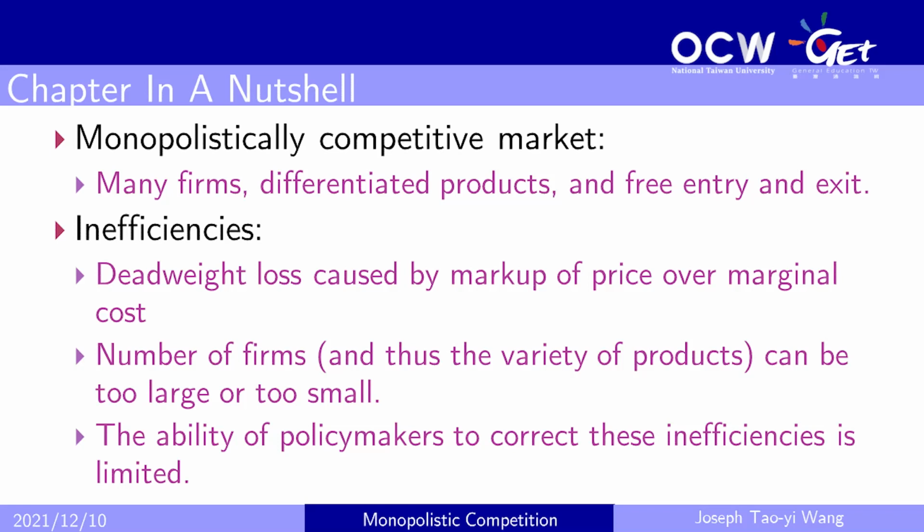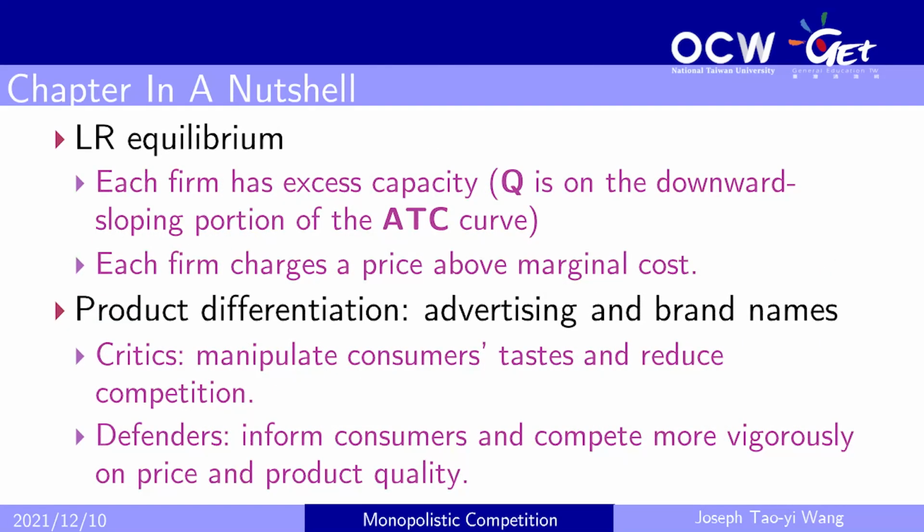But policymakers don't really have that much they can do because in the long run, firms are getting zero economic profit, so it is what it is. And in the long run equilibrium, you have excess capacity because you're not producing at the lowest point of the average total cost curve, and every firm is charging a markup.